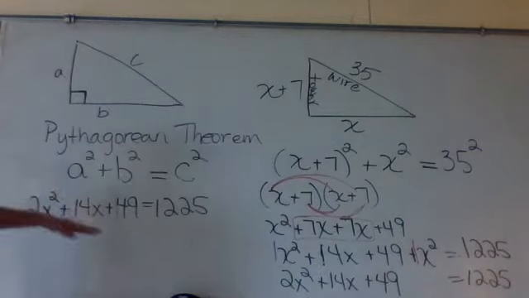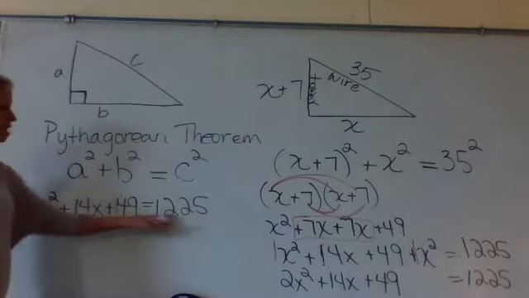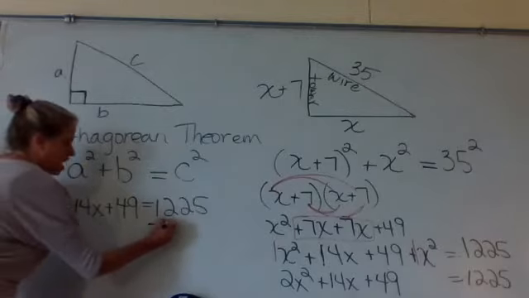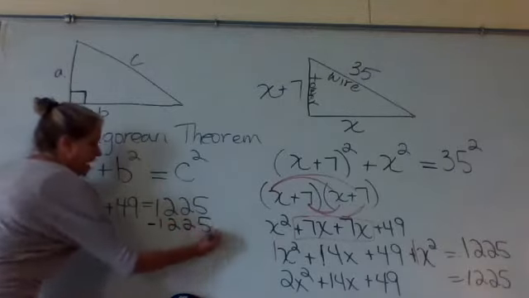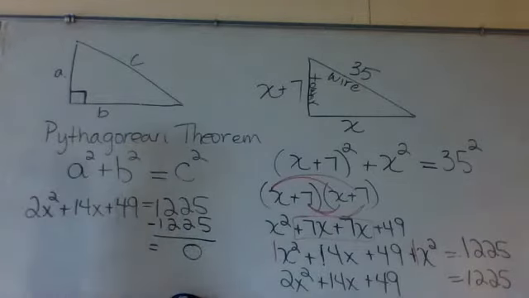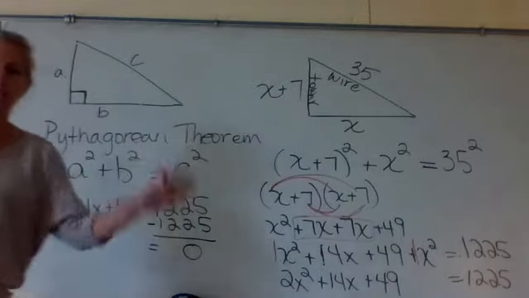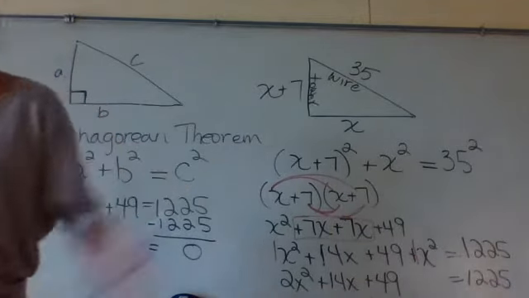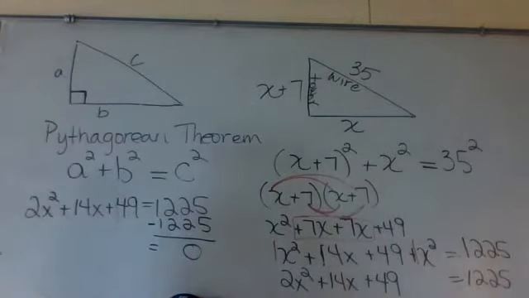So now I need to have all of this set equal to 0. So this side needs to be 0. So now I need to subtract 1225 from both sides so that I'll have a 0 there. Because before you pick your A, B, and C to use in your quad program, everything has to be on one side.